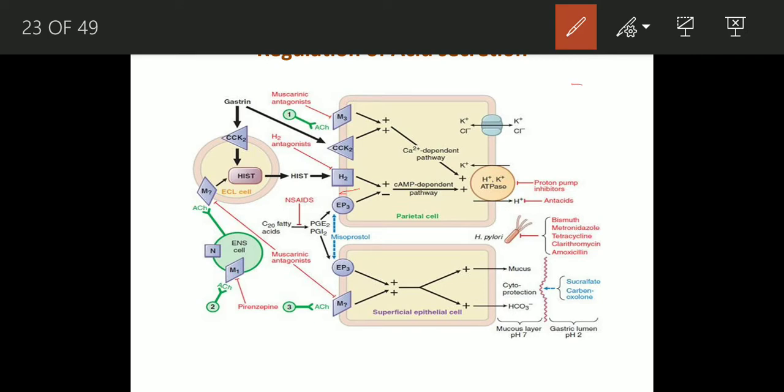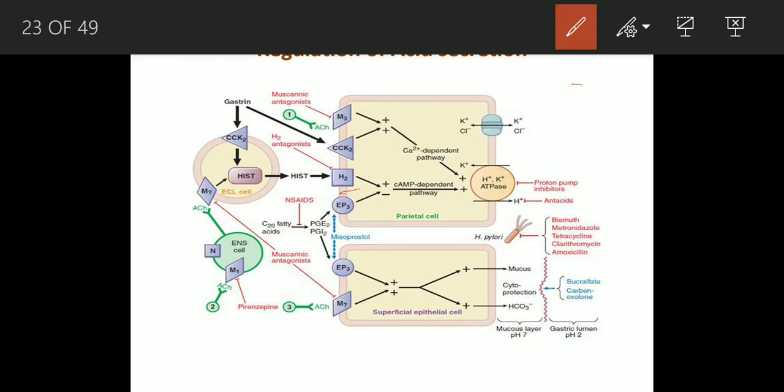The gastrin secreted from the pyloric region acts on the gastrin cholecystokinin receptors present on the ECL cell as well as on the parietal cells. Once gastrin acts directly on the parietal cell gastrin receptors, it causes IP3-DAG pathway stimulation like your acetylcholine, which in turn causes increased acid secretion.